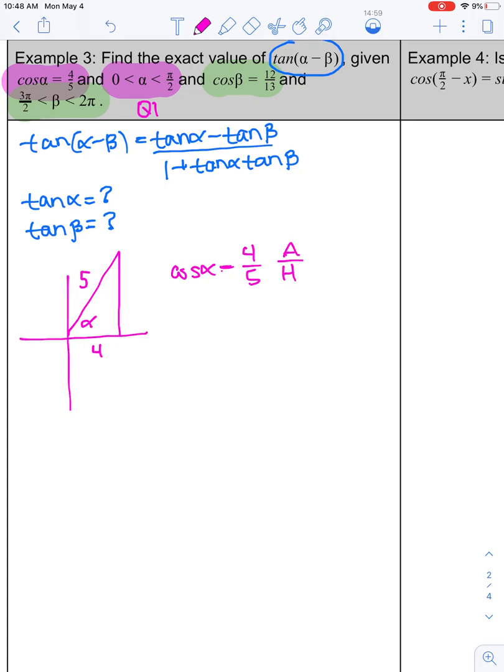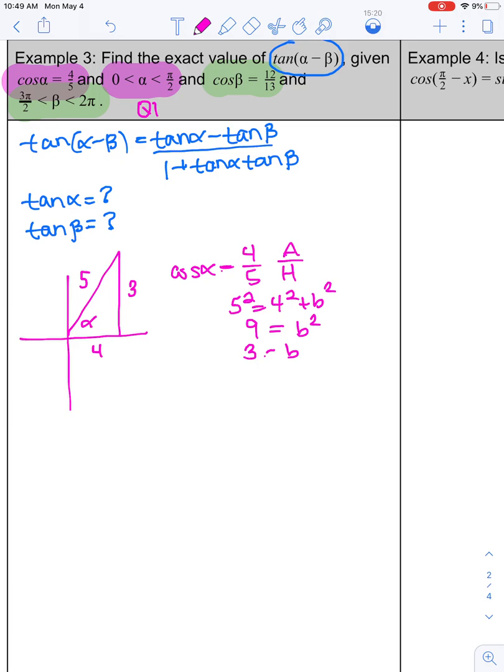And we either recognize that as a Pythagorean triple or we fill out the Pythagorean theorem to figure out what is that vertical side. We see that that vertical side is going to be 25 minus 16, which is 9. And the square root of that gives us that our vertical side is 3.